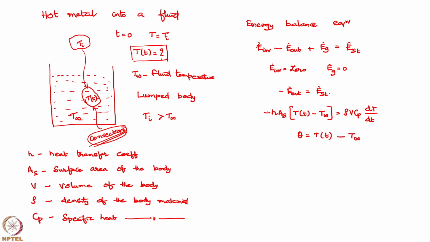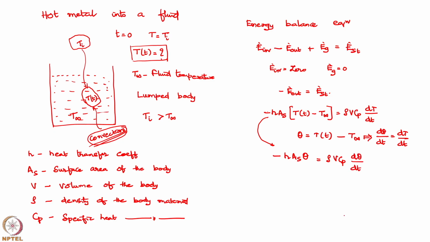Now this becomes minus h A_s theta equal to rho V cp d theta by dt, since T infinity is constant, so dT infinity by dt is not going to exist, and we can replace dT by dt with d theta by dt.